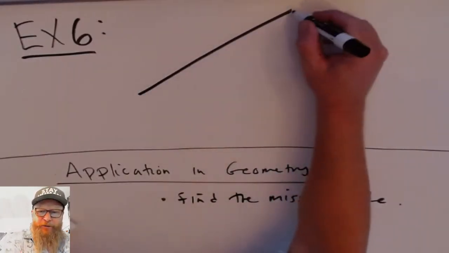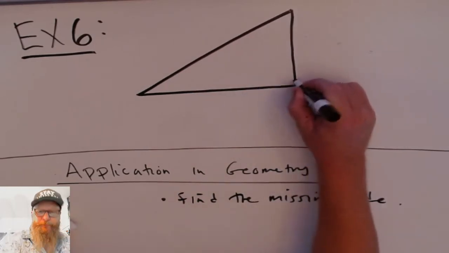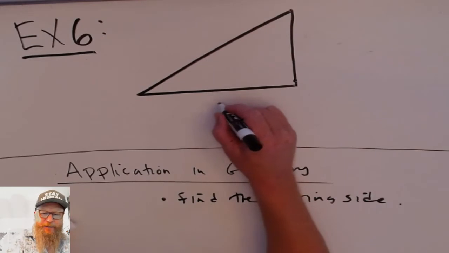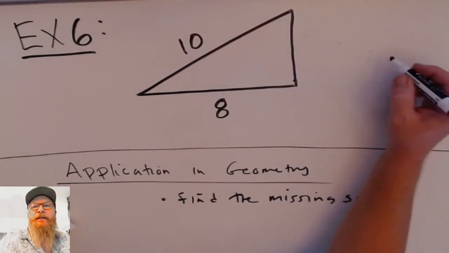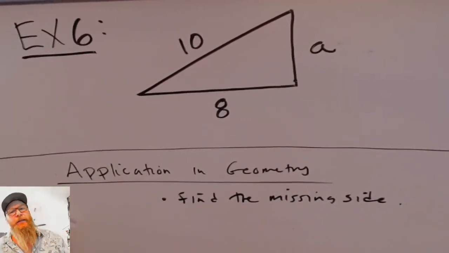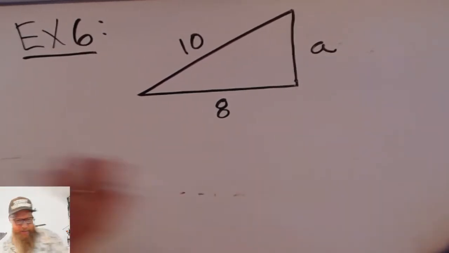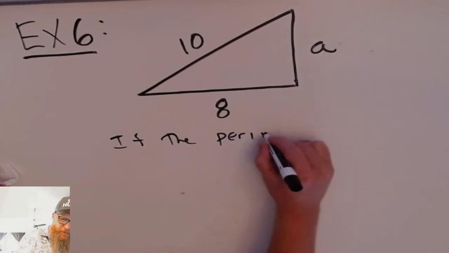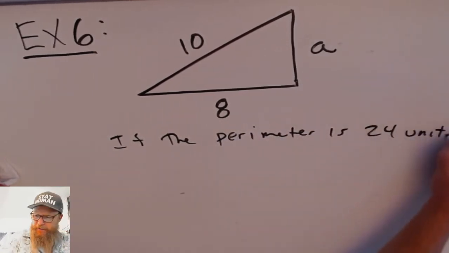So suppose I have a triangle. And I know that this side is 8, this side is 10, and this side is A. Let's find the missing side if the perimeter is 24 units.